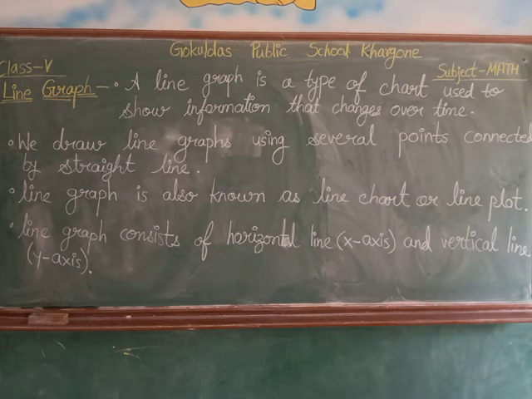Next point, a line graph is also known as a line chart or line plot. And the last point is a line graph consists of a horizontal line and a vertical line, where the horizontal line is also known as the horizontal axis or x-axis, and the vertical line is also known as the vertical axis or y-axis.